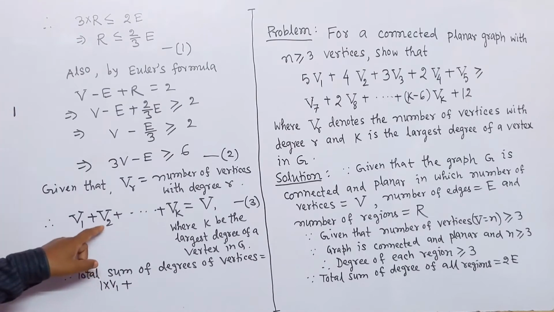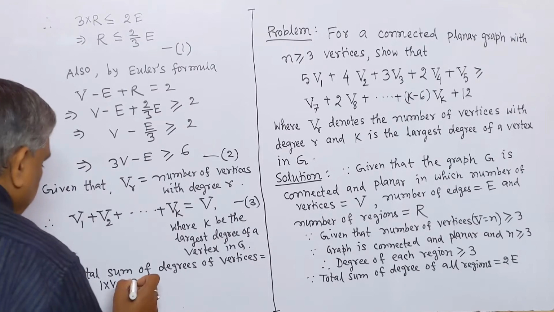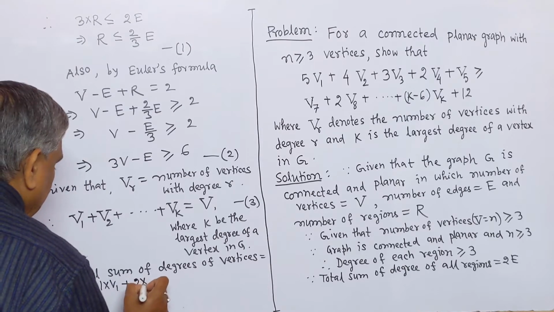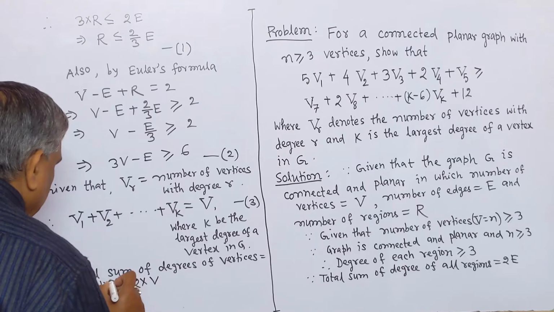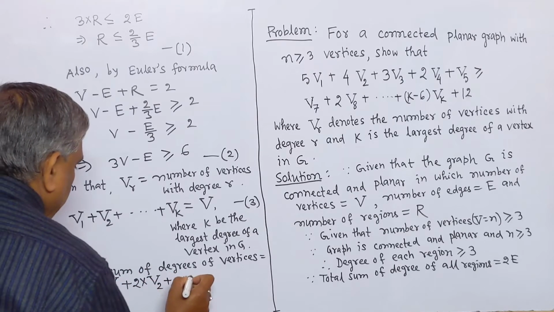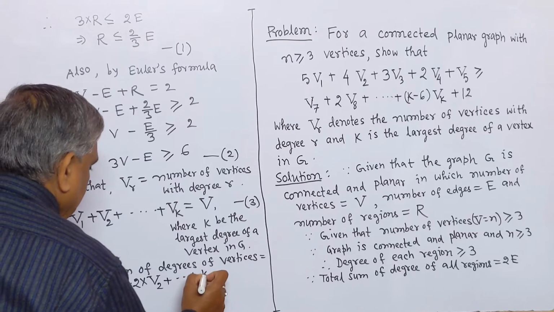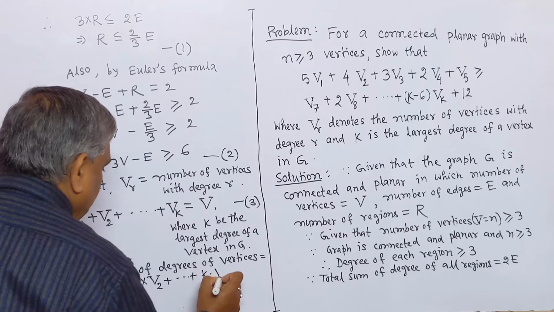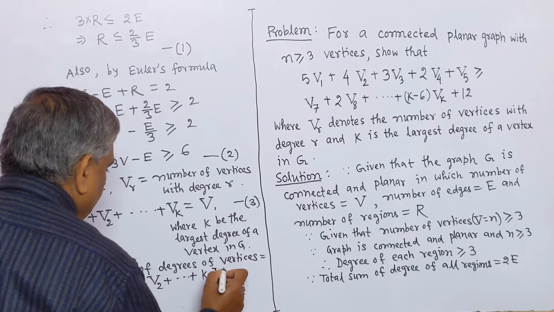V2 is the number of vertices such that each vertex is of degree 2, so 2 multiplied by V2, plus and so on, plus k multiplied by Vk.